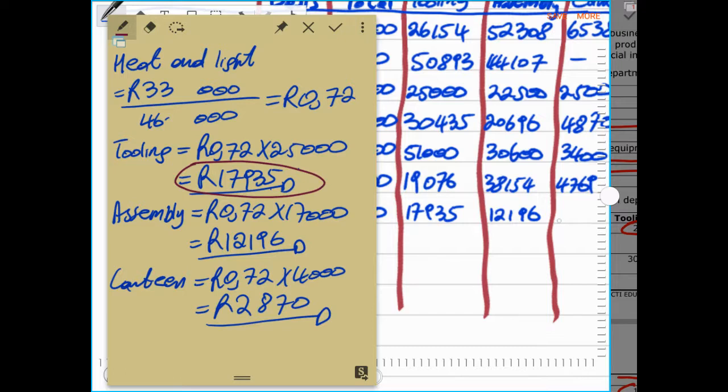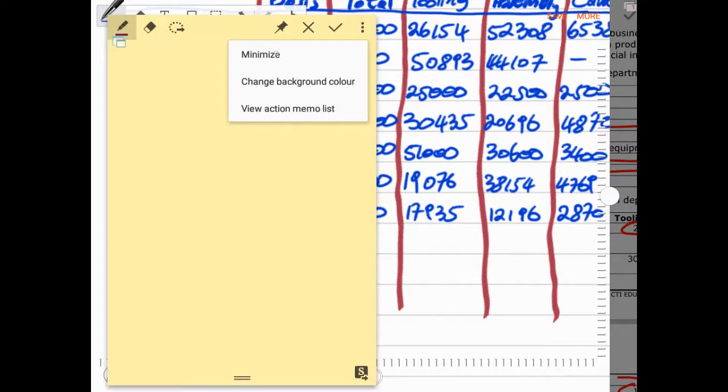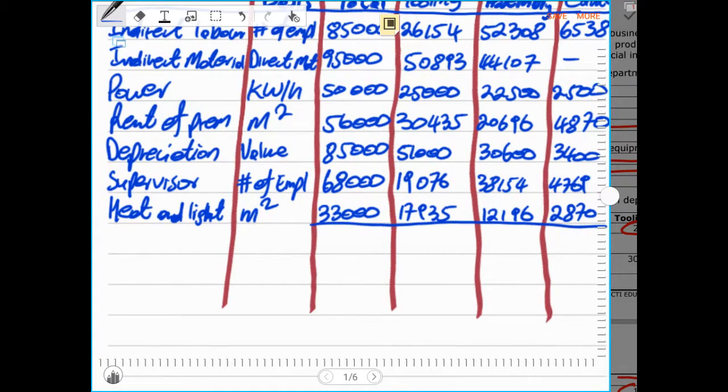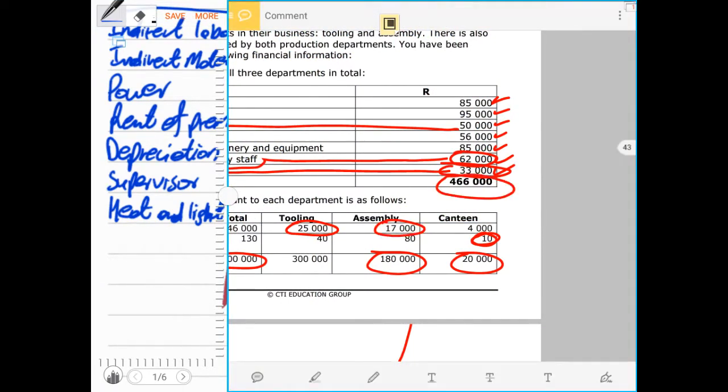12,196, and the last one is 2,870. So now these are the total overheads that have been allocated accurately to their respective departments. Then we have to calculate the total of the totals, which will be 466,000, because these are the overheads that we've been allocating.